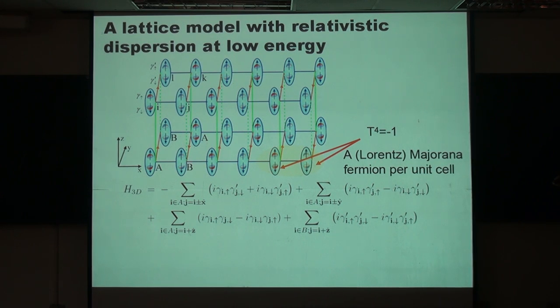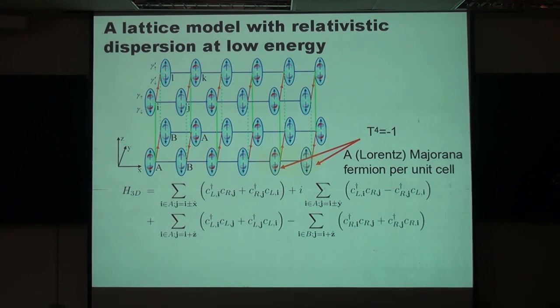The blue color just means hopping with amplitude 1. This arrow just means i or minus i. And this green, I think, is also 1, and the dashed green is minus 1. So it's just a Hamiltonian with some complicated hopping. In condensed matter, sometimes we call it pi flux hopping, because the hopping along each plaquette gets a minus sign.